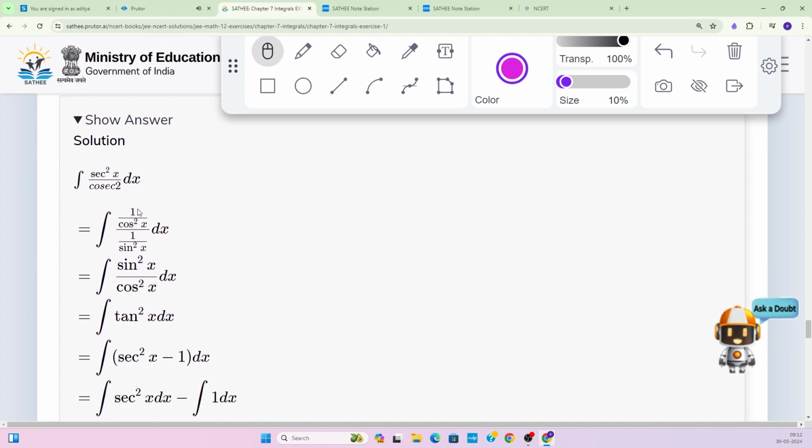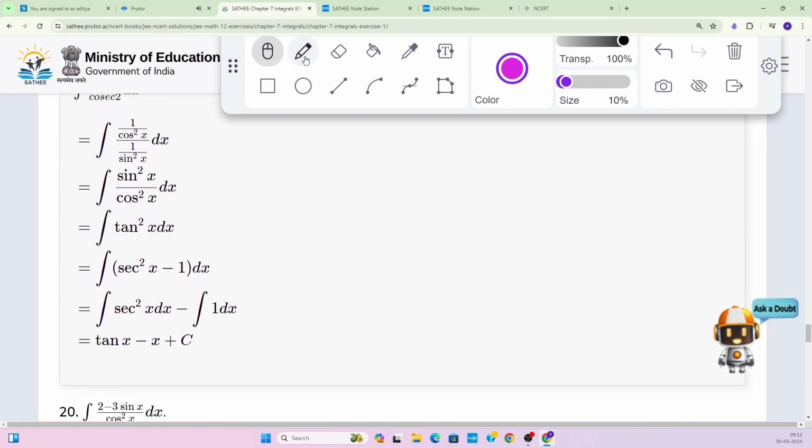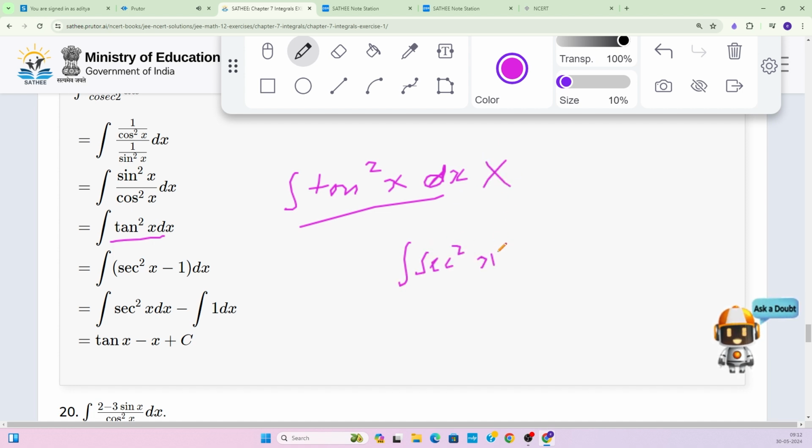Now tan square x, we have not seen a direct antiderivative for tan square x. We know about sec square x. So we have to convert our expression into what we know already.